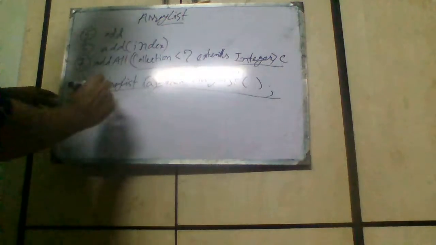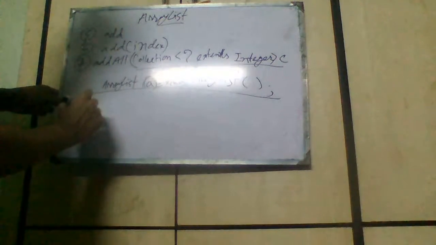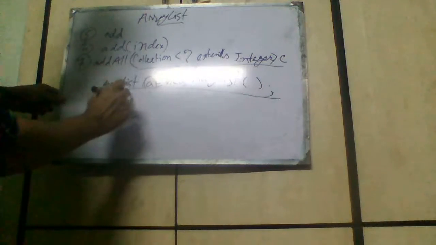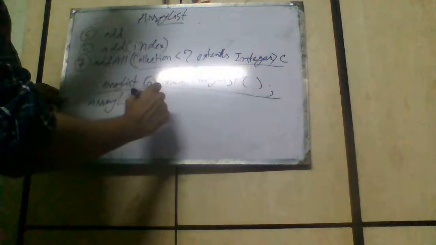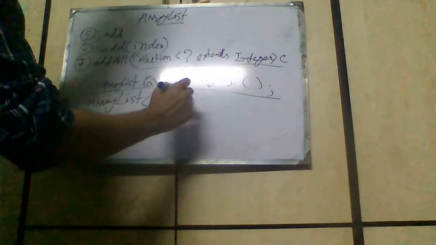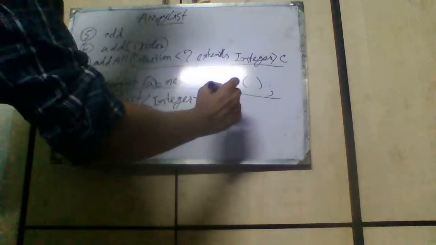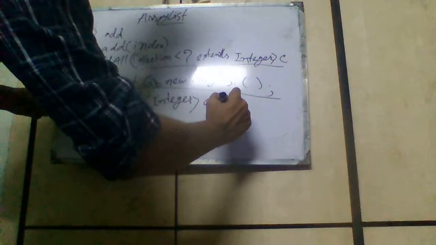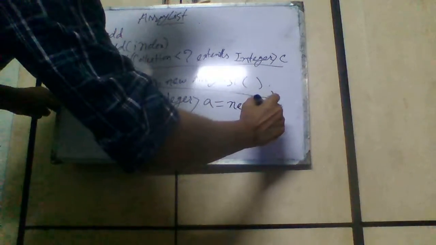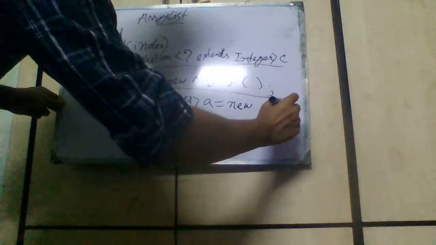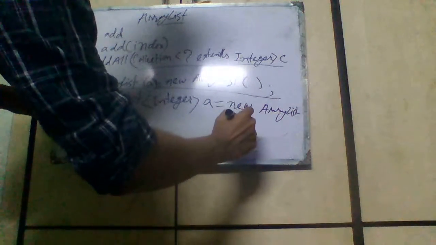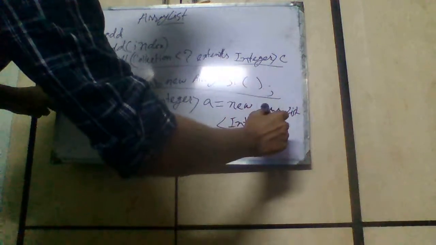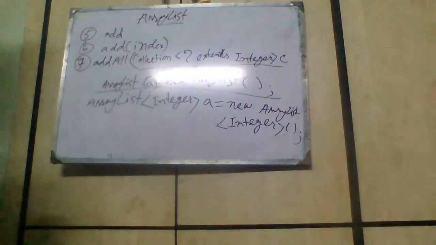But if we want to store only integer types or only float types, then we have to declare it like ArrayList of Integer a = new ArrayList.